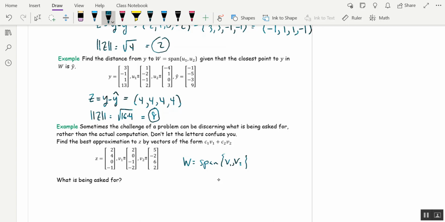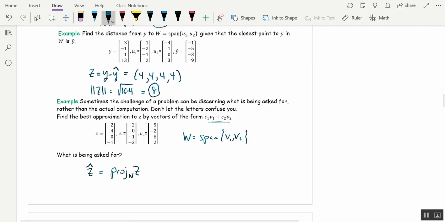If you want the best approximation to z by vectors in W, so if they're of this form, that means they're in W, what is being asked for is z hat. Usually we think of z as in the orthogonal complement, but here we want the projection of z onto W. So we want z hat equal the projection of z onto W.